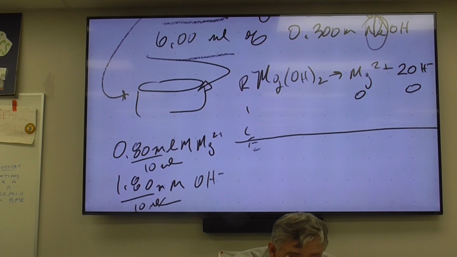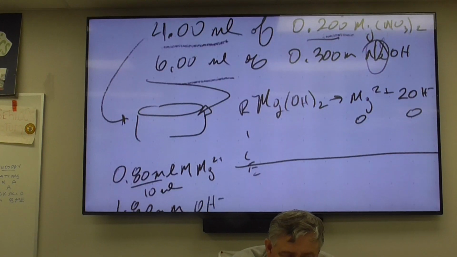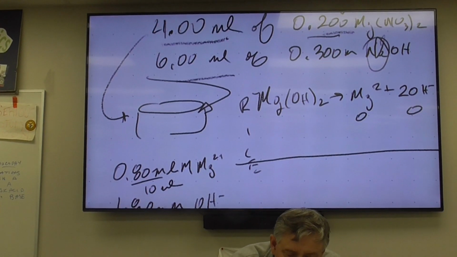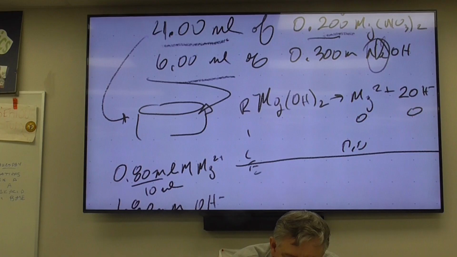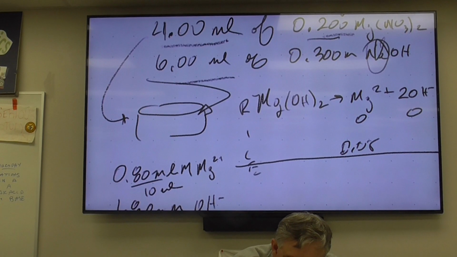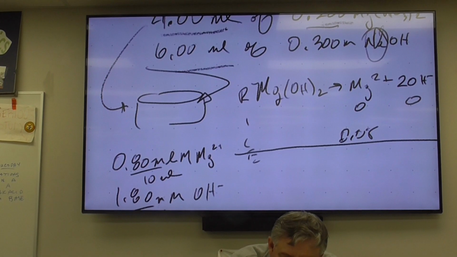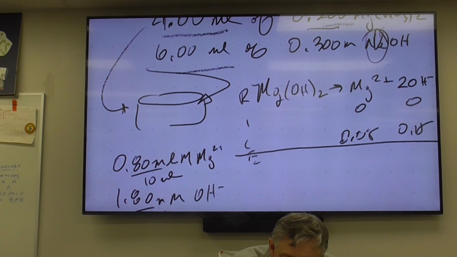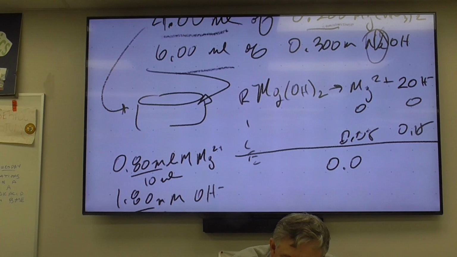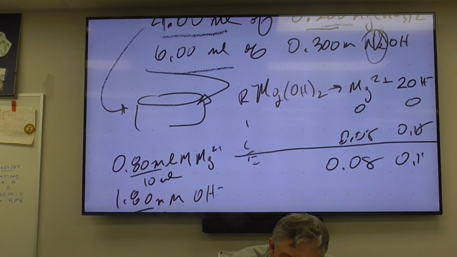If I take 0.8 and divide that by 10, I get 0.08. If I take 1.8 and divide that by 10, I get 0.18.